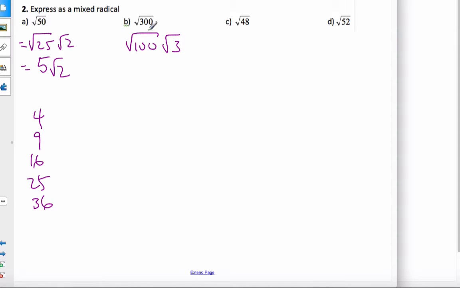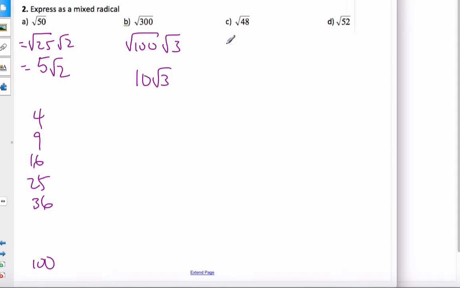I'm looking for two numbers that multiply to get 300, where one of them is a perfect square on this list, and 100 would definitely be on the list. What is the square root of 100? That's a nice net value. That's 10. This is irrational, and I just leave it as such.